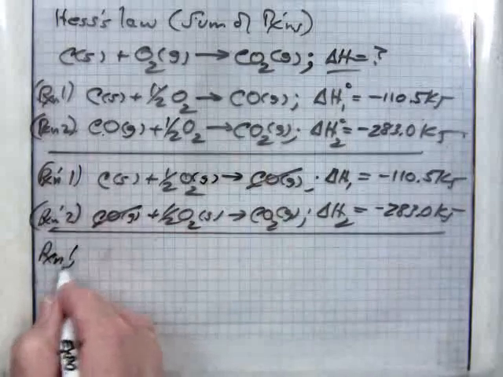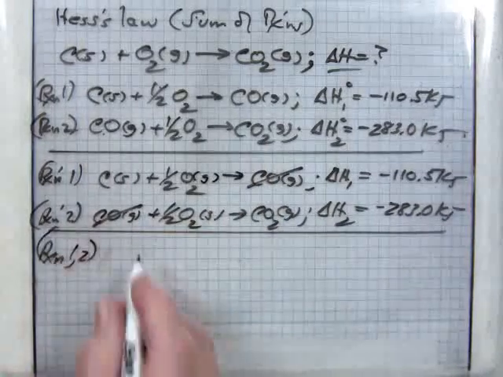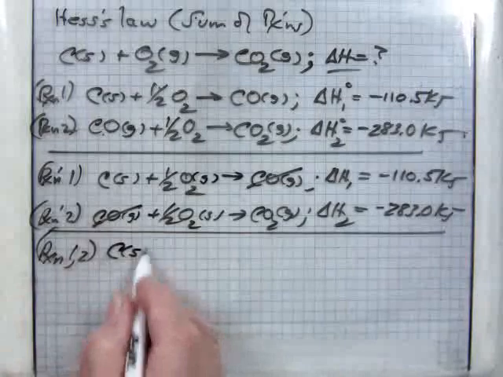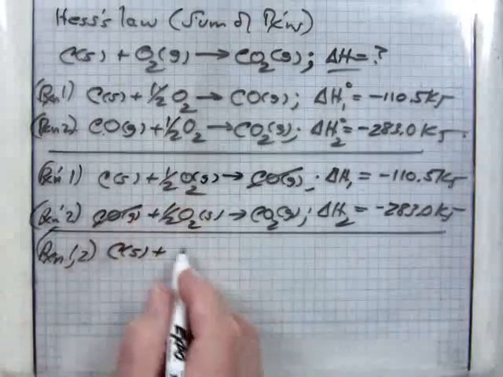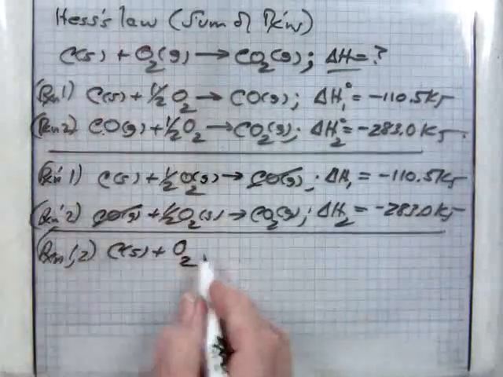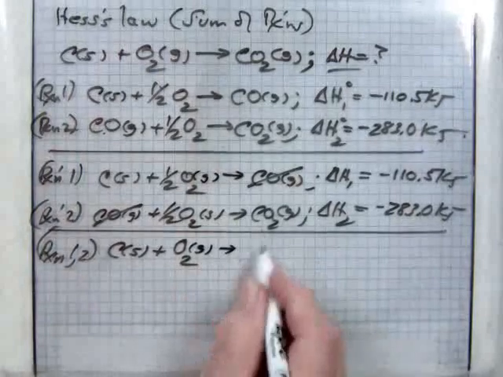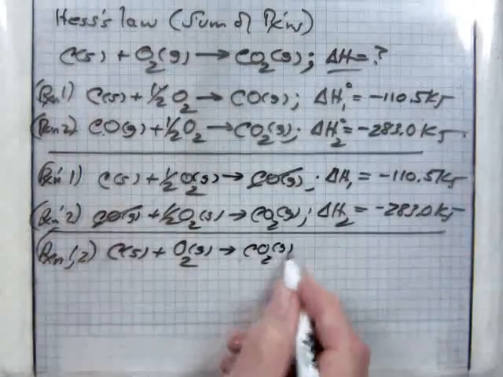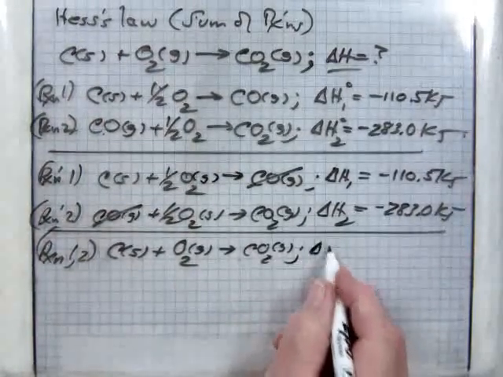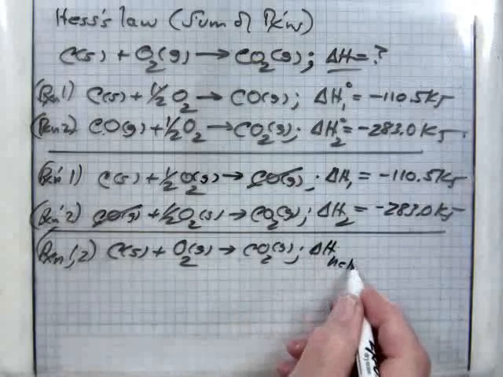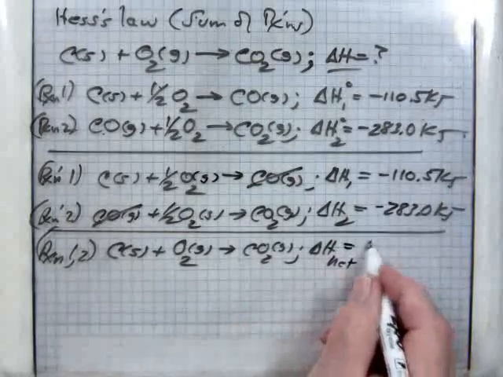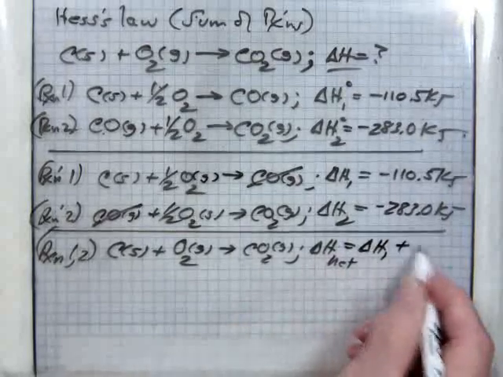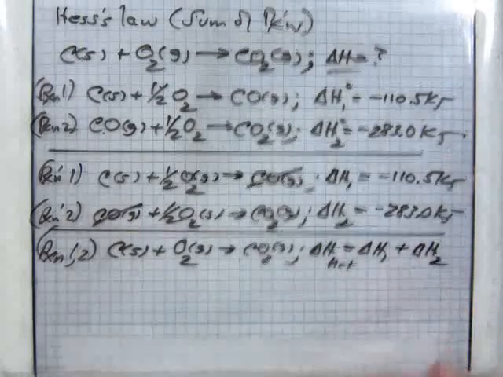Reaction 1 plus 2, if you want to do it like that, is C, carbon, plus half an O2, so that matches. And it goes to CO2 gas, and delta H net is equal to delta H1 plus delta H2.